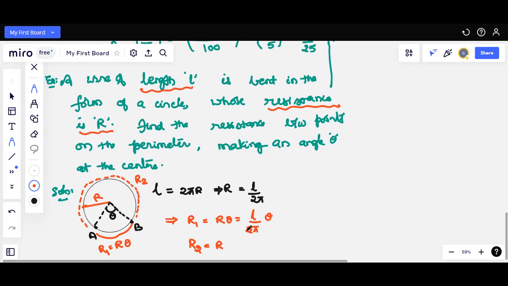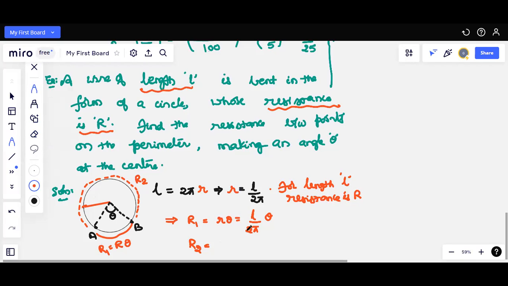To avoid the confusion, let us write the resistance as small r and the capital R for the total. 2 pi r, this small r is equals to L by 2 pi, r1 is equals to r theta, L by 2 pi into theta.